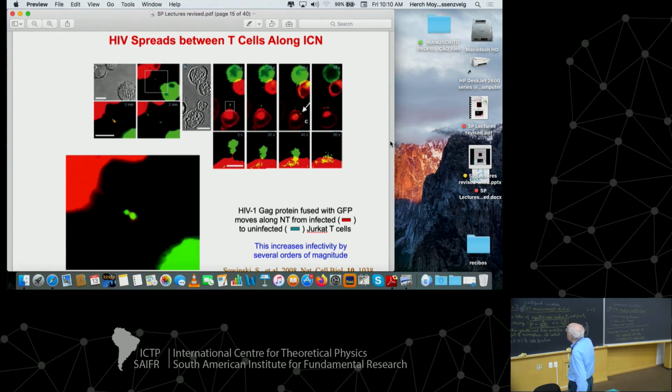It moves along the nanotube from the infected cells, which are the red ones, to the uninfected, which are green here, Jurkat T cells. And they showed that this increases the infectivity by factors of over 100, okay, two orders of magnitude of the infectivity.